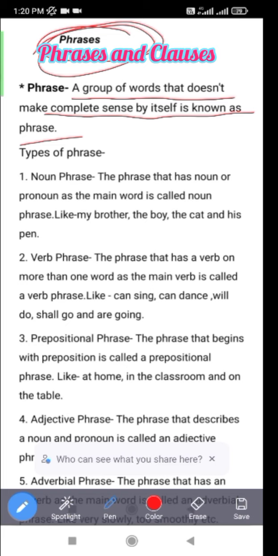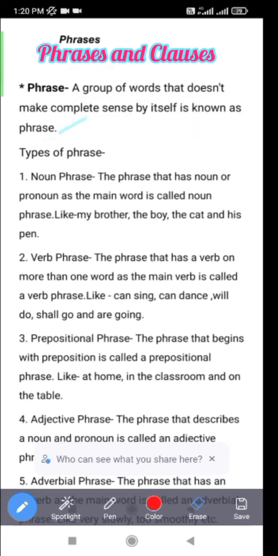It gives a complete sense. But a phrase is also a group of words that doesn't make complete sense by itself. Clear?